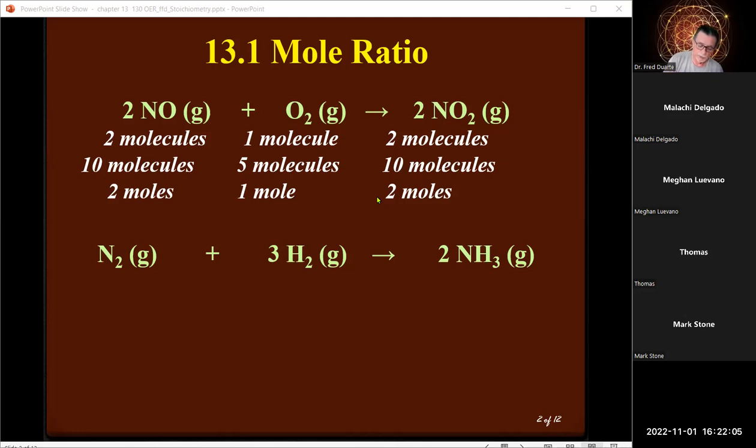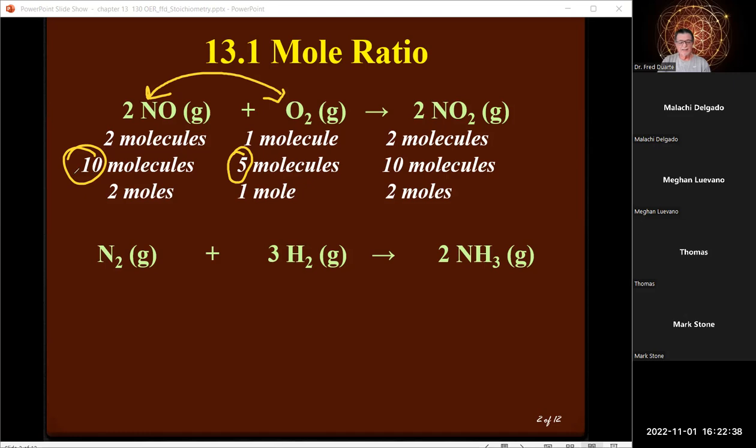Now, if for whatever reason I use 10 molecules of NO, well, given the ratio of nitrogen monoxide and oxygen that we see here, that means that if I use 10 of nitrogen monoxide, I need to use at least a minimum of 5 molecules of oxygen. You see that ratio 10 to 5 is the same as 2 to 1, okay?